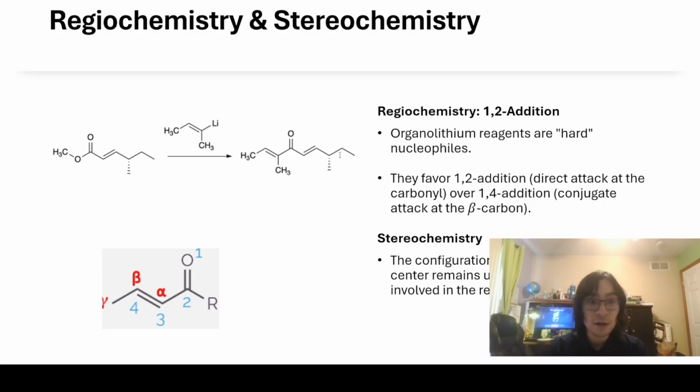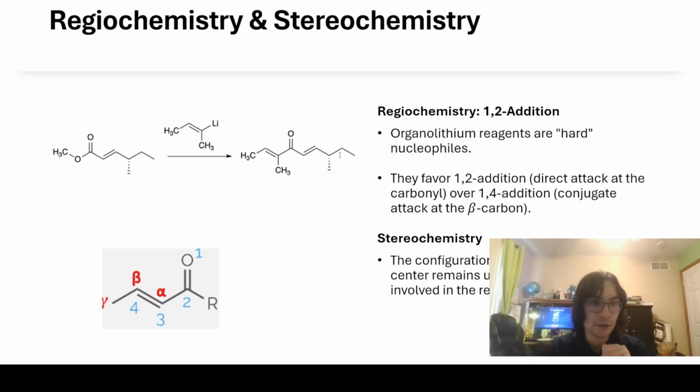These hard nucleophiles are charge controlled, and they favor direct 1,2-addition to the carbonyl carbon, while softer nucleophiles, such as Gilman reagents, tend to undergo 1,4-conjugate addition to the beta carbon.